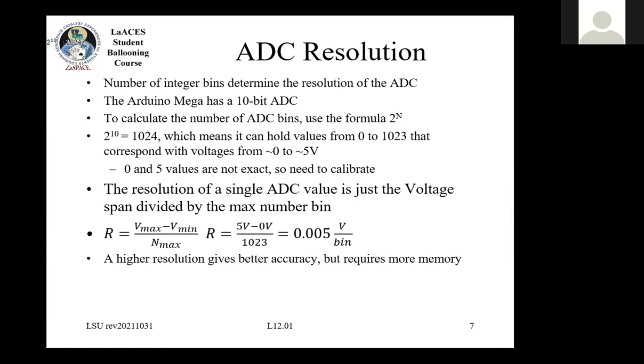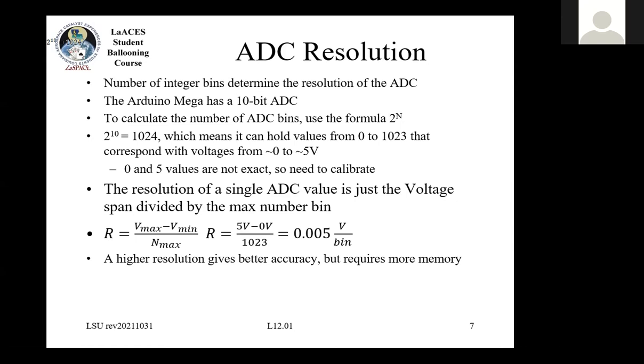So the actual resolution of a single ADC is just how wide each one of those little voltage bins are. And that's fairly simple to figure out. You just take what's the maximum voltage, i.e. what's the value at 1023, minus the minimum voltage, i.e. the value at 0 ADC, and you divide by the total number of ADC.